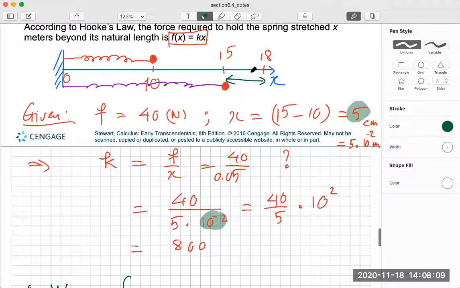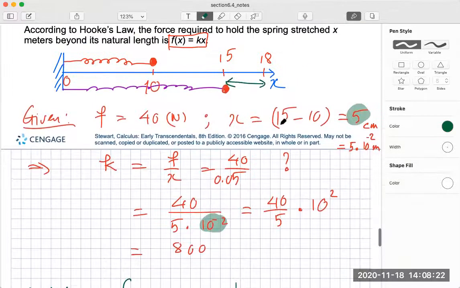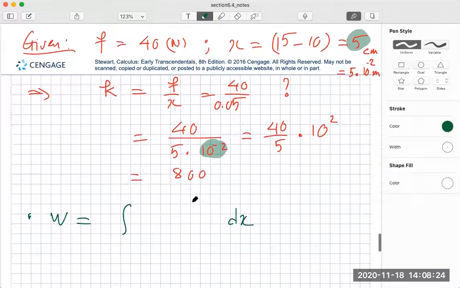And we need to write them in dx, where x, the initial distance, will be 5 times 10 to the minus 2.